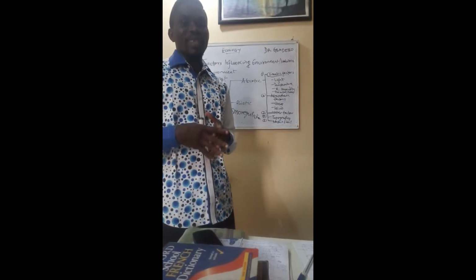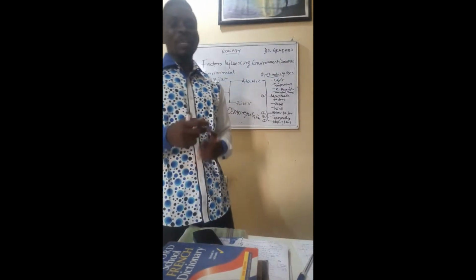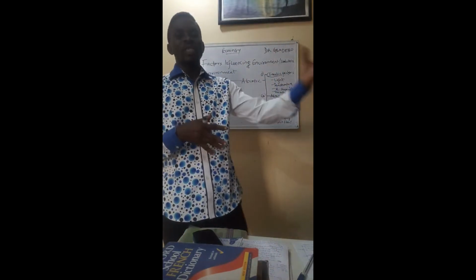Their body salt content is hypertonic, that is, it has a high concentration of salt compared to the external environment. So for this organism to survive in a freshwater environment, they will have to be taking in more water because the salt content in their blood is high compared to the environment.